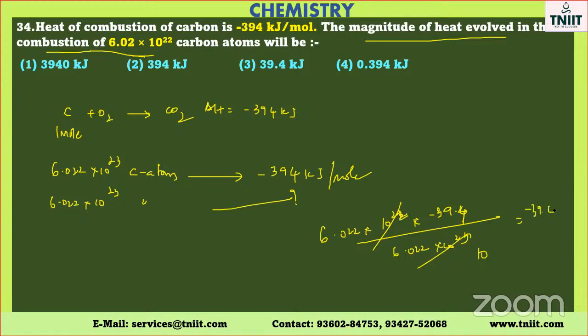So it will be minus 39.4 kilojoules. There is no option with minus sign. This minus sign, I told you, is the amount of heat liberated. So the minus sign indicates it is exothermic, but the energy released is 39.4. Therefore, the answer for this question is option C.